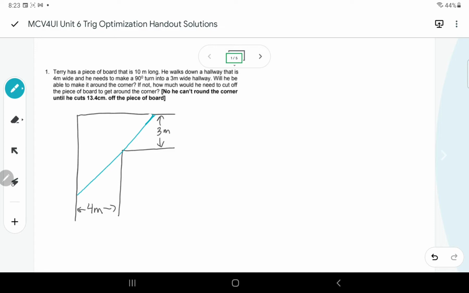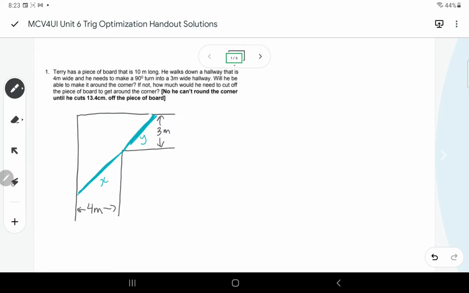So we want to know, can this board fit around the corner? So we want to know the longest length that can make that turn. And to do that, I'm going to divide this up into two pieces. I'm going to look at how much of the board is in that second hallway and how much is in the first hallway.